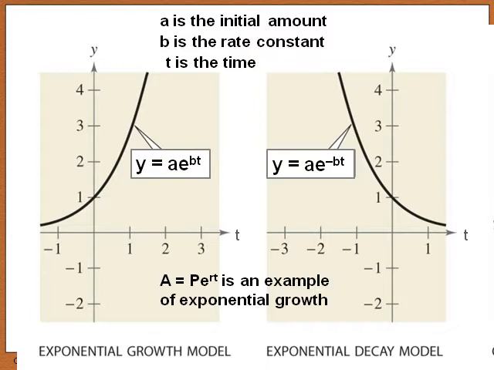So we can see that A equals P e to the rt is simply an example of the exponential growth model. So make sure that you copy down these graphs and whatever data is written, because you'll need to refer to this later.